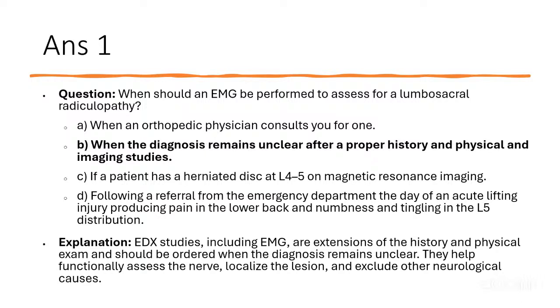B, sir. Yes, when the diagnosis remains unclear after a proper history, physical and imaging studies. The electrodiagnostic studies, including EMG, are extensions of the history and physical examination and should be ordered when the diagnosis remains unclear. They help functionally assess the nerve, localize the lesion, and exclude other neurological causes.